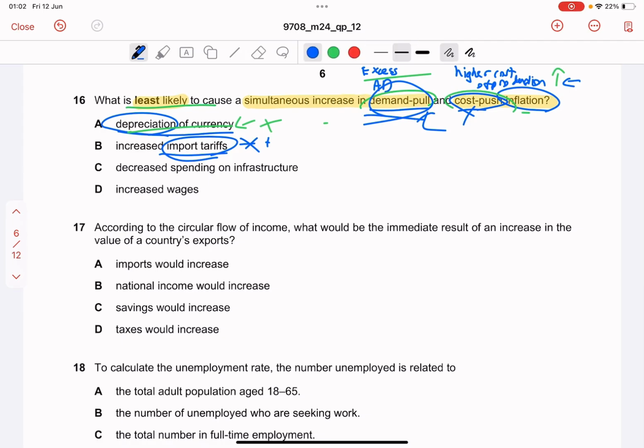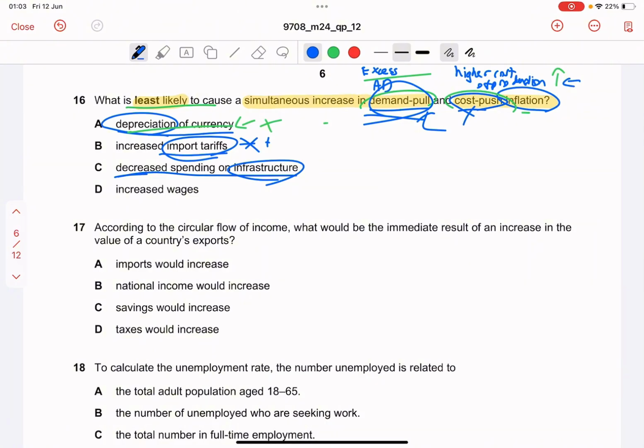Now the next option says decreased spending on infrastructure. Infrastructure can be things like roads or buildings for better working conditions. But it says decreased spending. Now we don't know if it's the firms spending on infrastructure, or if it's governments.